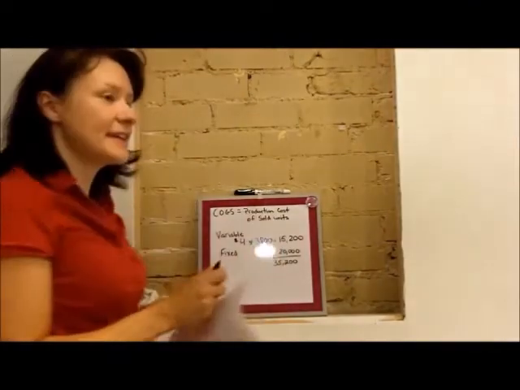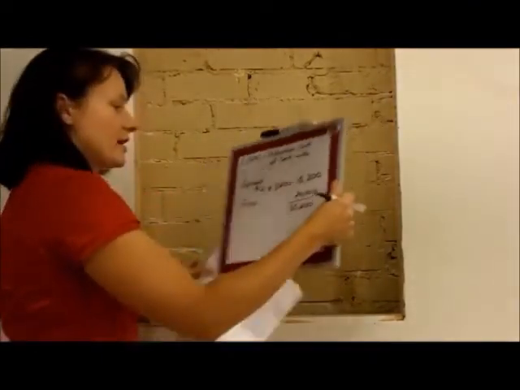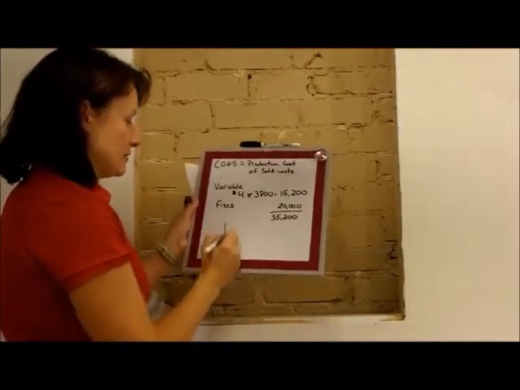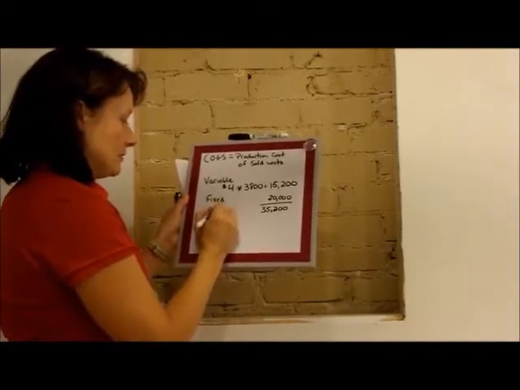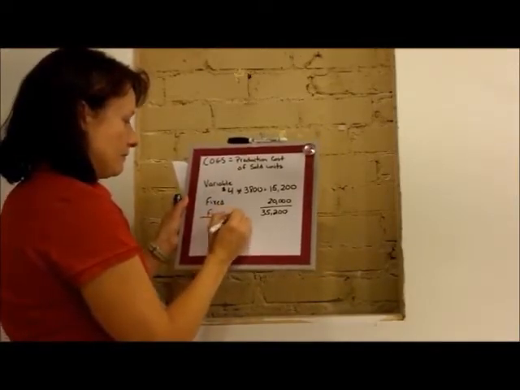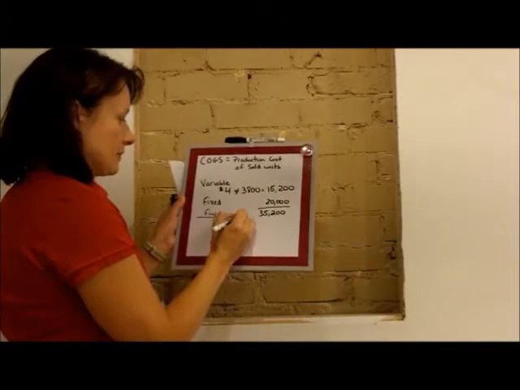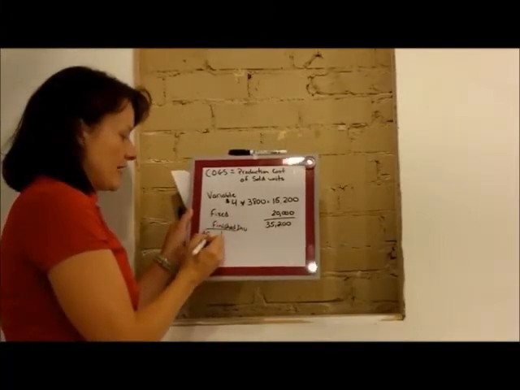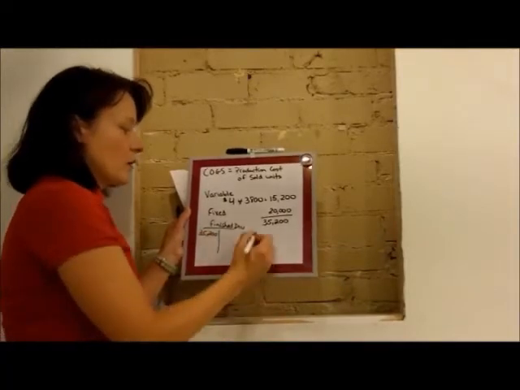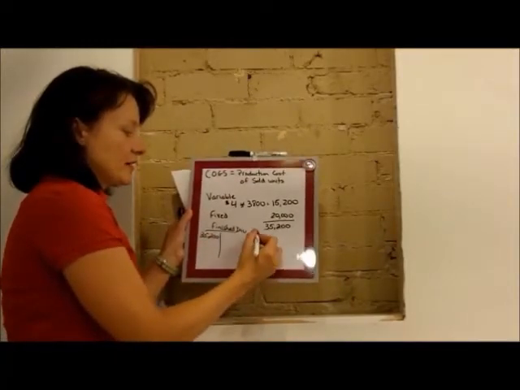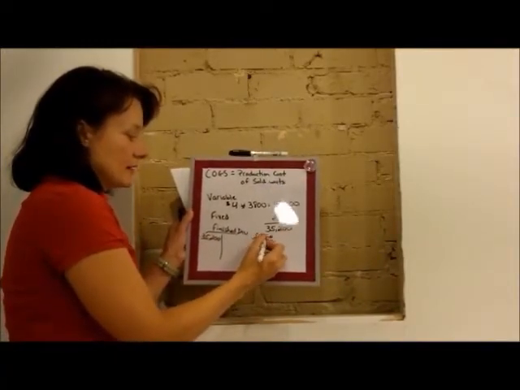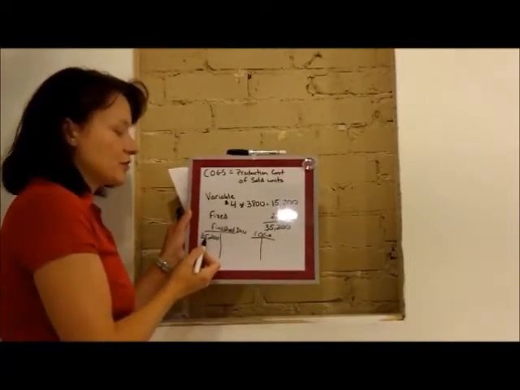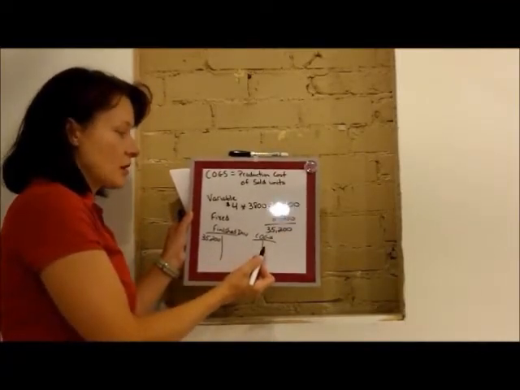So if we were looking at T accounts, right now in finished goods inventory we would have $35,200. What we're trying to figure out then is what portion of that $35,200 went to cost of goods sold.